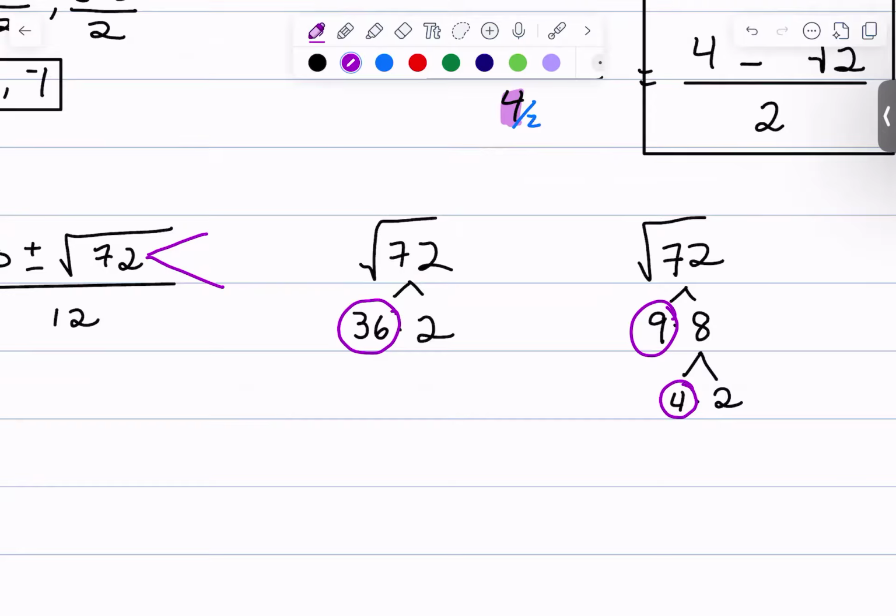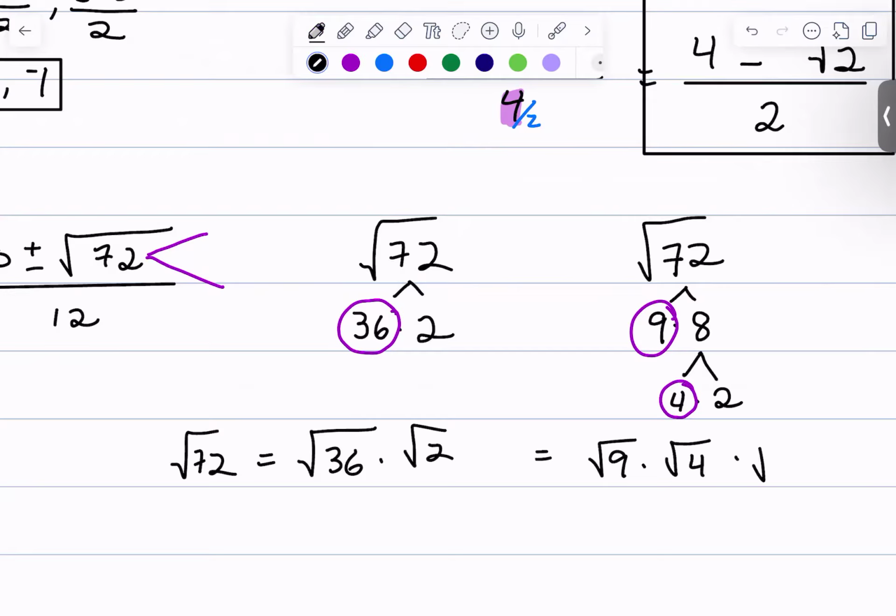So in both simplifications, square root of 72 is equal to square root of 36 times square root of 2, or is also equal to square root of 9 times square root of 4 times square root of 2. Does that make sense? I just got the numbers that we got here and here and put it in square roots, right?